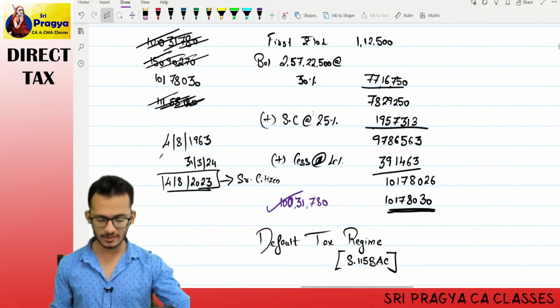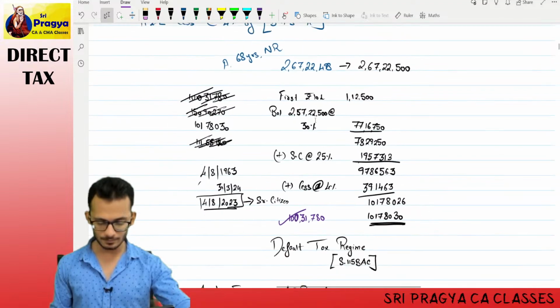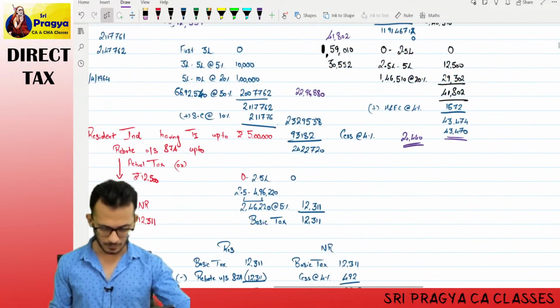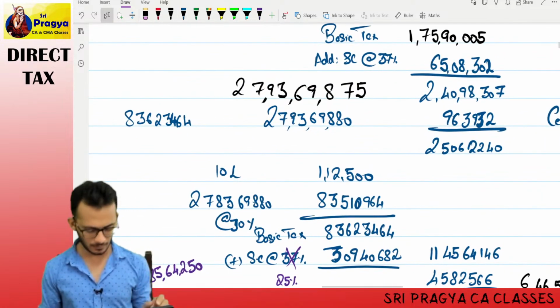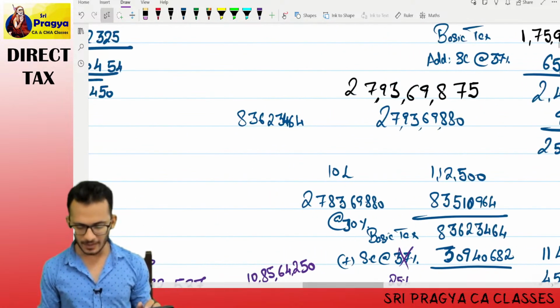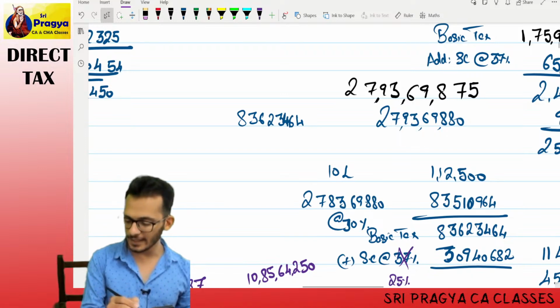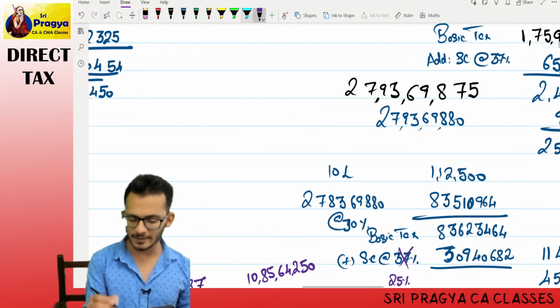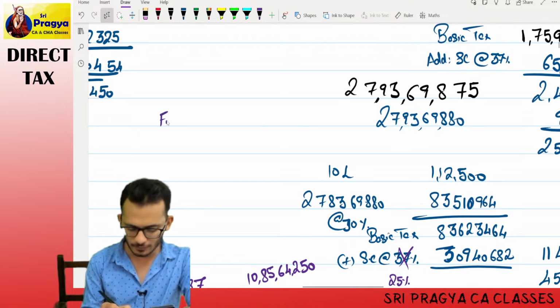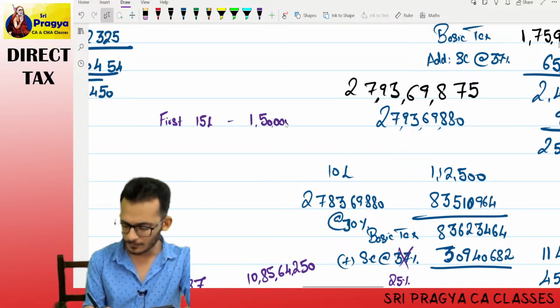Which numbers? 27 crores, this one? Okay. People, help me out with the numbers. It is 27,93,69,875. I'm going to do the shortcut method, which means for the first 15 lakhs it is 1,50,000.